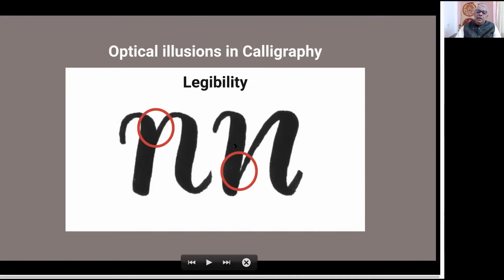So the way the upstroke meets the main stem is deliberately kept down, so that this negative space contributes to improving the legibility of the letterform N. Otherwise, there is a lot of chance of N being mistaken for other characters.